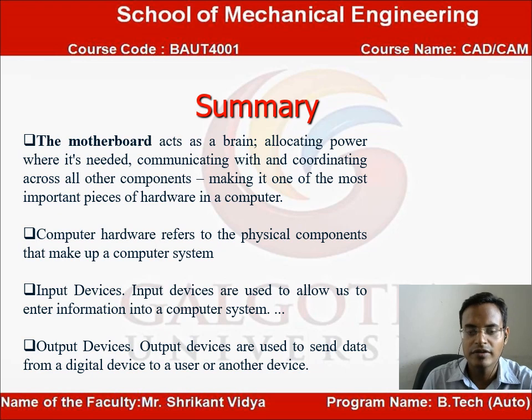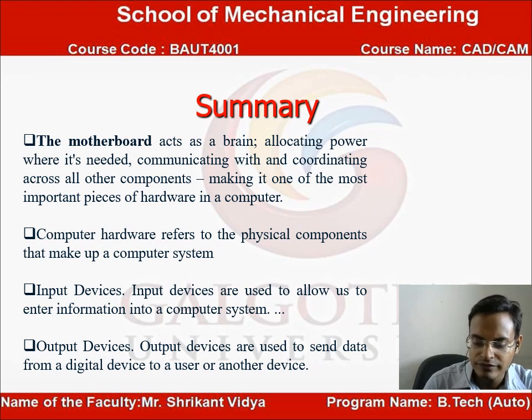So in summary, we can say that the motherboard acts as a brain, allocating power where it is needed, communicating with and coordinating across all other components, making it one of the most important pieces of hardware in a computer. Computer hardware refers to the physical components that make up a computer system. Input devices are used to enter information into a computer system with the help of keyboard, mouse, scanner. An output device is used to send data from a data processing unit to the display unit.